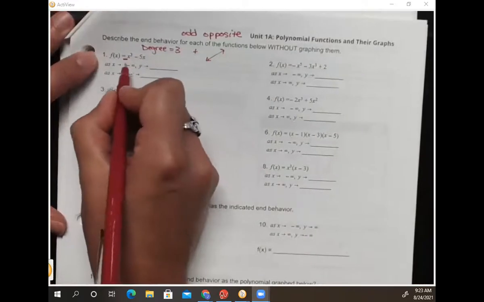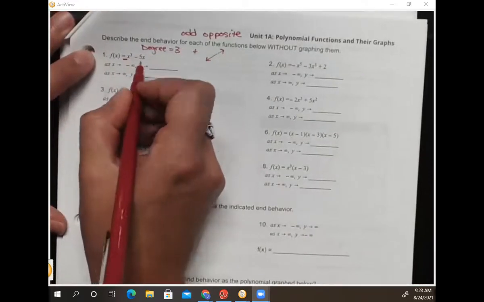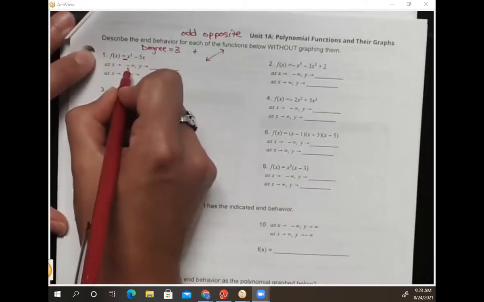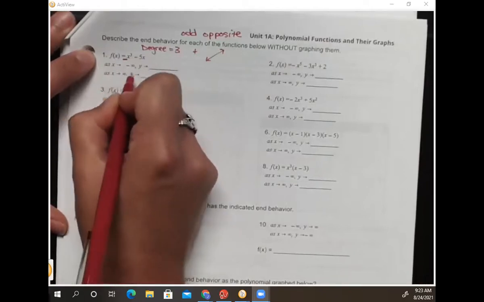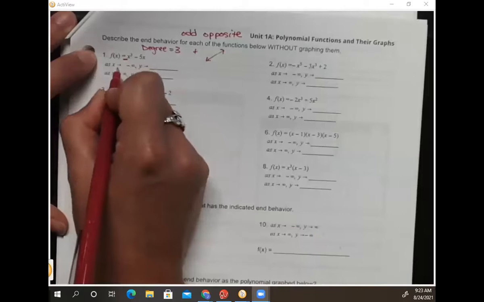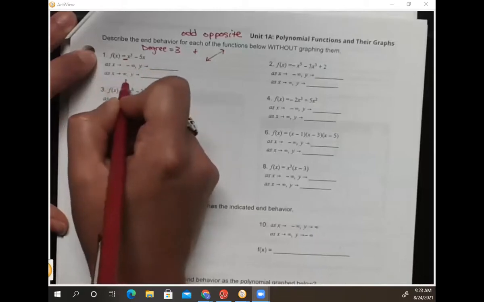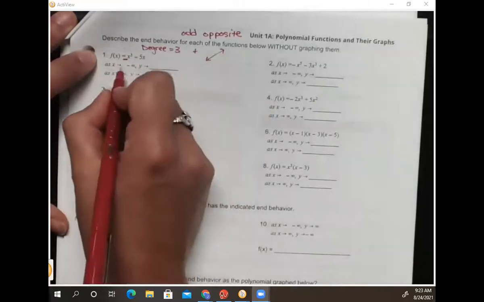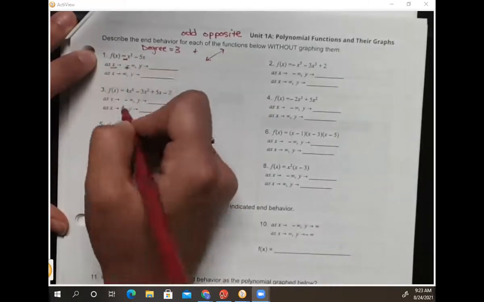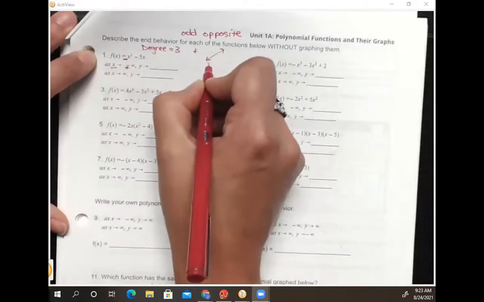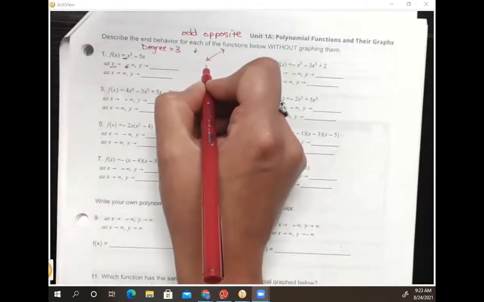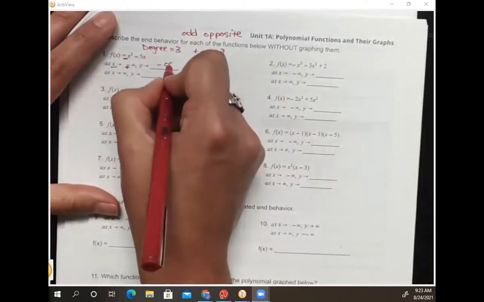So now as I'm asking you about the end behavior, when x is some negative number, so as I'm formally reading this with mathematical training, this says as x approaches negative infinity, so as x gets closer and closer to negative infinity, I pick smaller and smaller x values, x is negative. This side of the graph, which way is the arrow pointing? Down. If it's down, I write negative infinity.